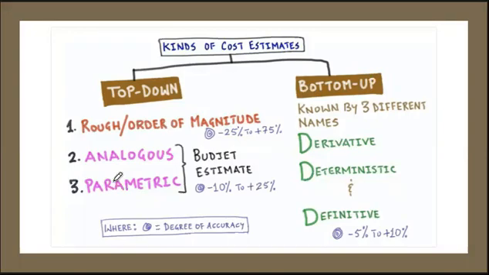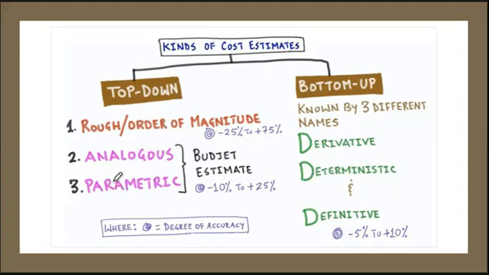estimating is the most detailed method of estimating. So for this method of estimating, we are taking a look at the activity. We are taking a look at the resources that we're going to need for a given activity. And we're going to figure out how much it is going to cost us to have the activity carried out at the most granular level from the work breakdown structure.